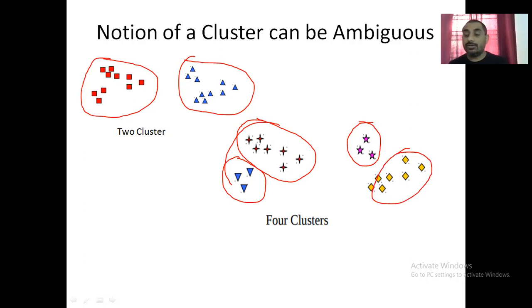These objects have some similarities between each other, and here the dissimilarity is more. So this is the example of how we can say whether a cluster is better or not, and how we can form the cluster actually.